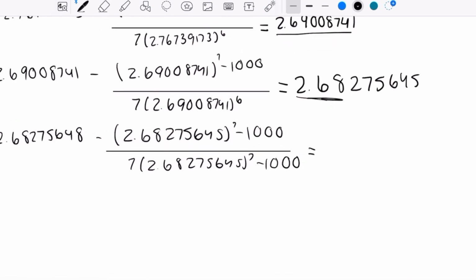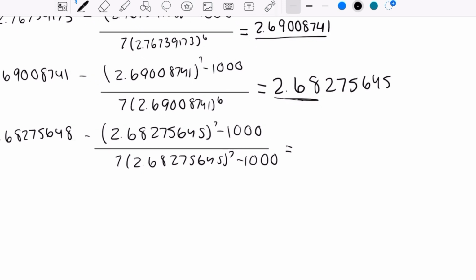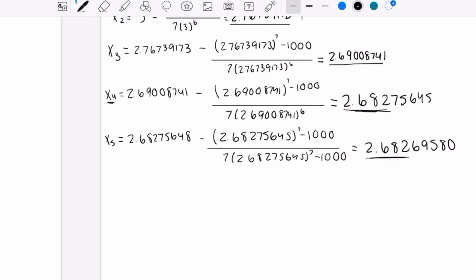Okay, and x of 5 equals 2.68269580. And we know that we're getting closer because our decimals are starting to look very similar, as you can see right here. So let's do it one more time.